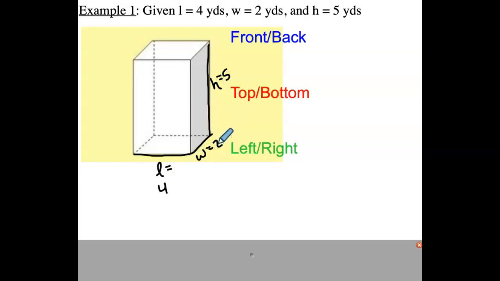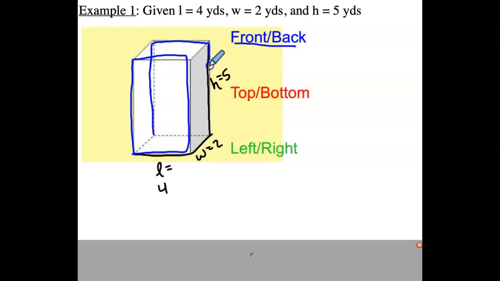So we're going to use that pattern we talked about on the last slide to find our surface area. Let's focus first on the front and back of this rectangular prism. So I'm looking at this rectangle here, and then the back of it is with these dotted lines, sort of see-through right there. So those are the 2 rectangles that I'm trying to find the area of.